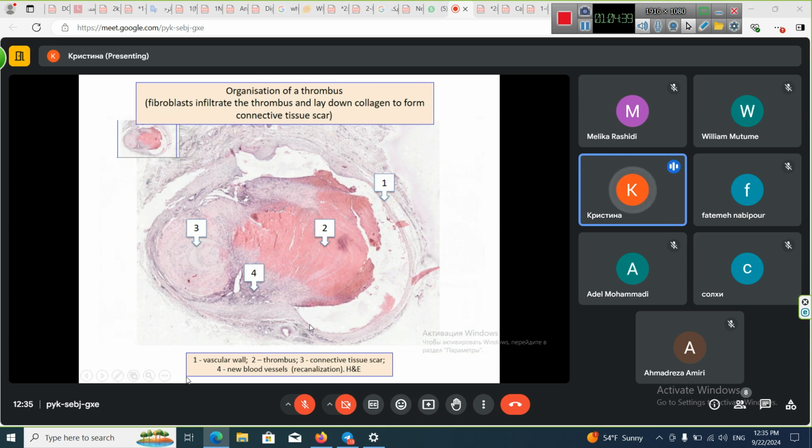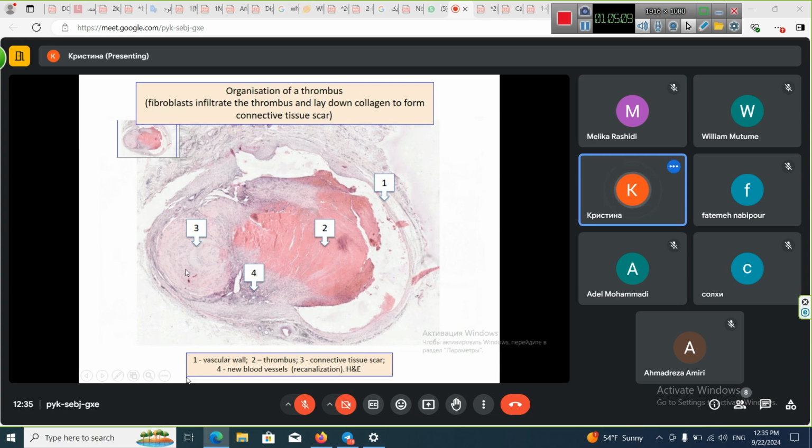The endothelial cells which cover the internal surface of this large blood vessel start to proliferate and form new blood vessels which grow into the thrombus and make new blood vessels inside the thrombus, and through these new blood vessels blood can flow through this large blood vessel.